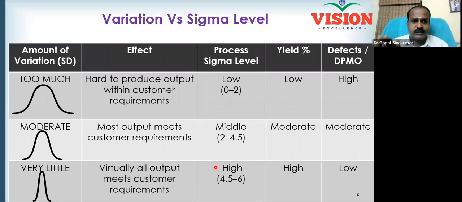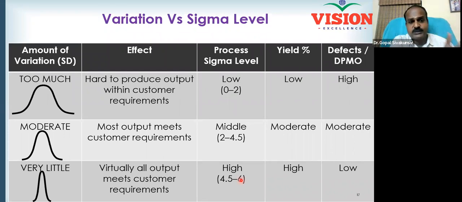But when the process deteriorates, what is the assumption? It will shift by 1.5. So the 6 sigma process will eventually become a 4.5 sigma process in the long run. For a Z score of 4.5, the failures will be limited to 3.4 DPMO. That is the statistical meaning. The 3.4 is actually found for a Z score of 4.5, not for a Z score of 6, because we look at the long-term capability.